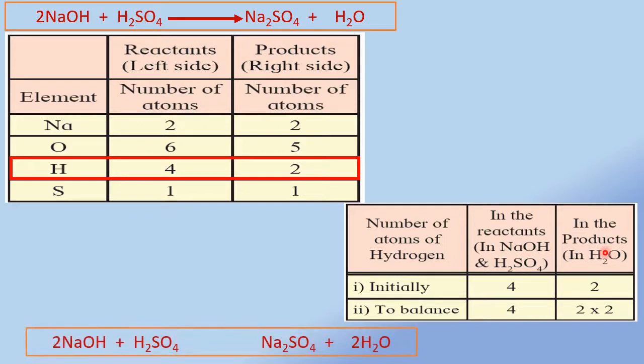So, we get 2NaOH plus H2SO4 gives Na2SO4 plus 2H2O.